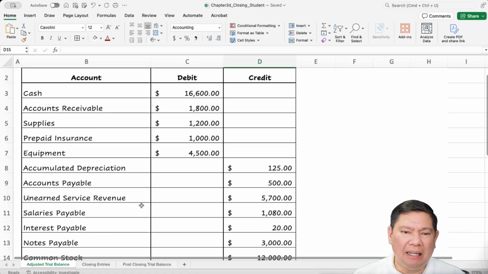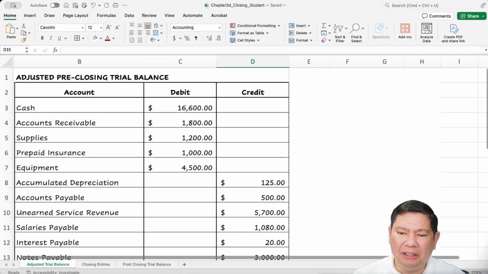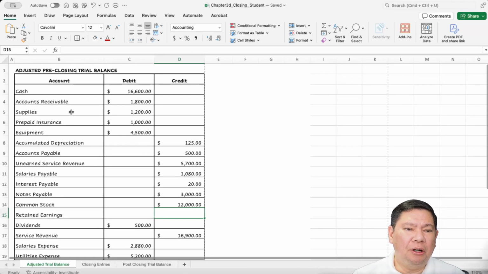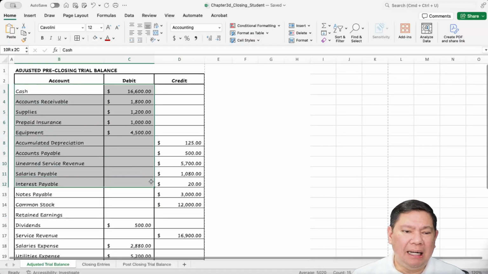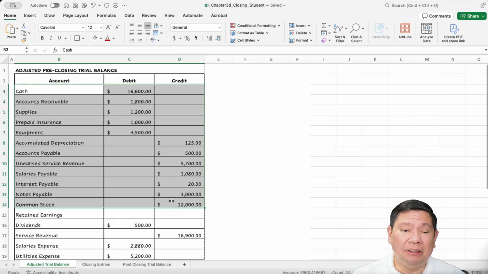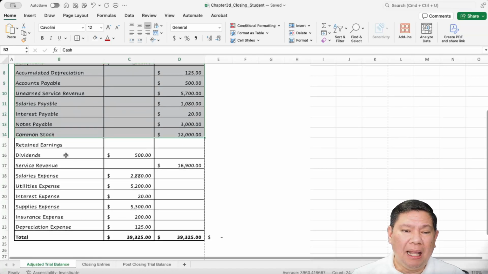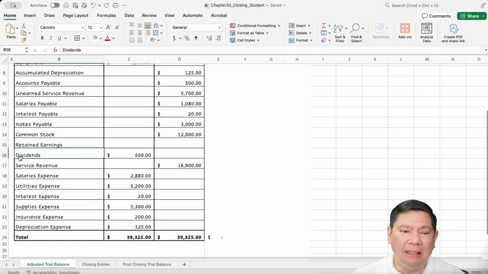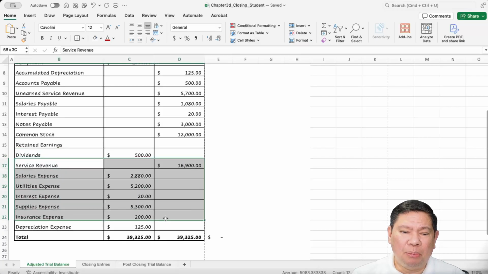And this has been rearranged to show the permanent accounts, or the balance sheet accounts, at the top, dividends in the middle, and all temporary accounts from the income statement, revenues and expenses, at the bottom. So it's easy for us to see.